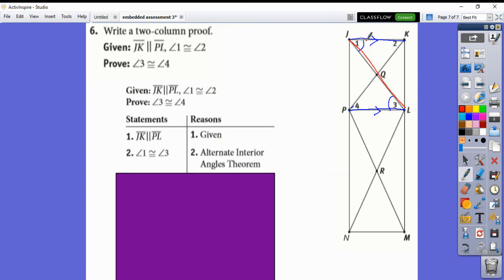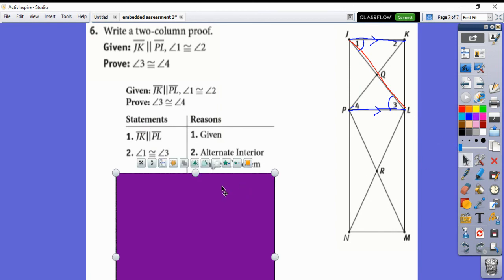Angle 1 and angle 3 are both inside these two lines. They're on alternate sides of the transversal, though. Angle 1 is on the right, angle 3 is on the left. So the alternate interior angles theorem says the lines are parallel and cut by a transversal, then the alternate interior angles formed are congruent. So that's pretty much all we can know based on this first piece of given information.